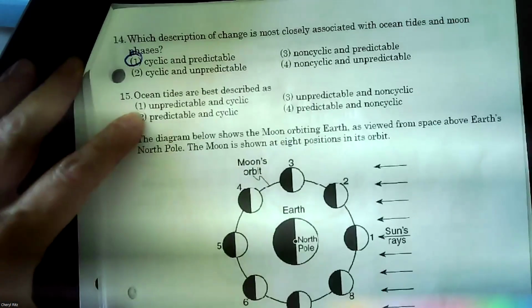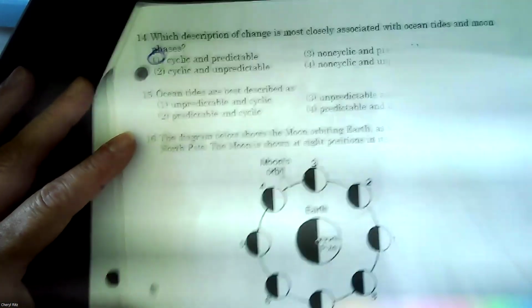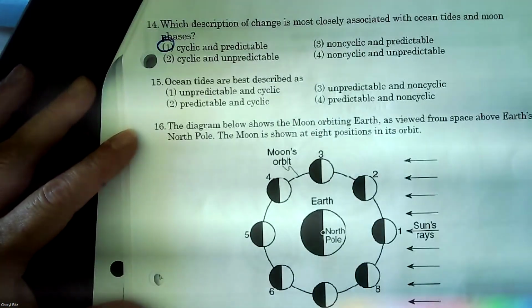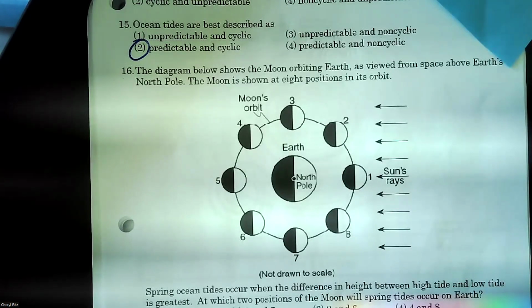Ocean tides, again, they are described as, which one of these says it correctly? It is number 2. Spring tides occur when the difference in height between high tides and low tides is the greatest. Which 2 positions of the moon will have spring tides on Earth? What'd you guys say?